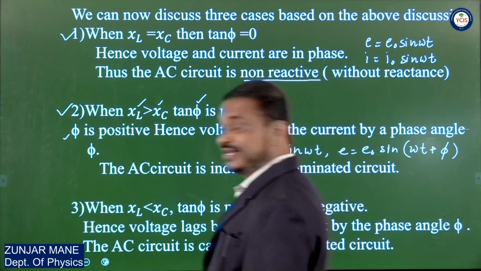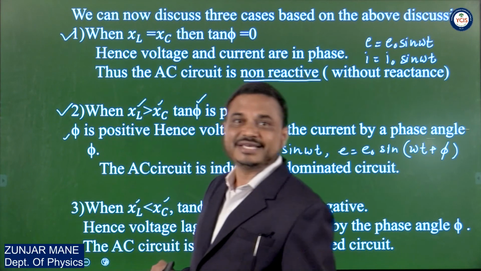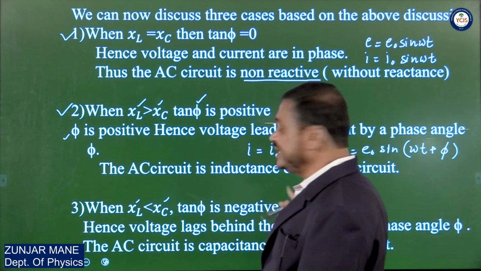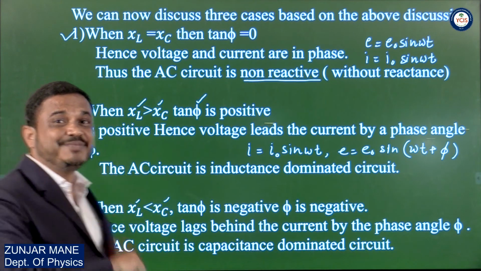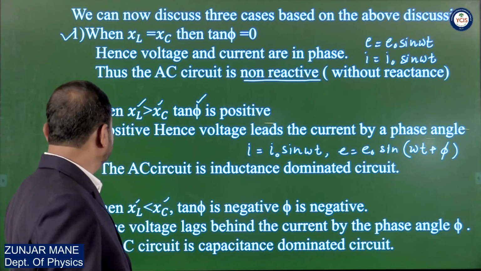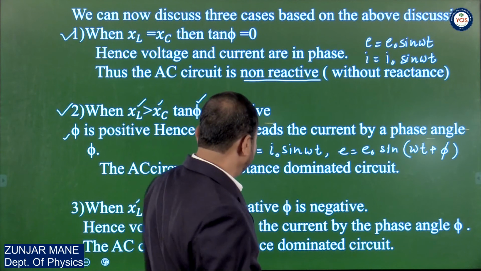Then the third condition, when XC is greater than XL, then tan phi is negative, since phi is negative, hence voltage lags behind the current by phase angle phi, and the circuit is said to be a capacitive dominant circuit.